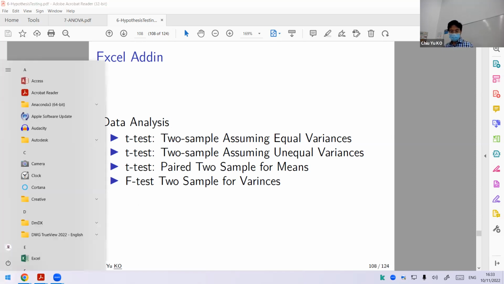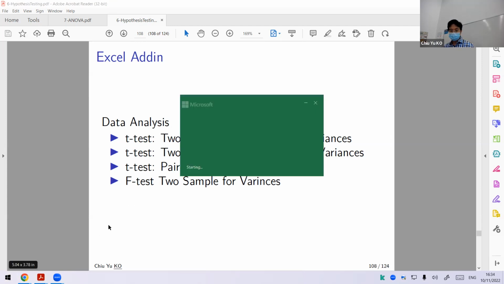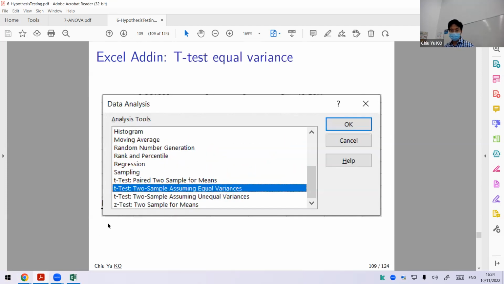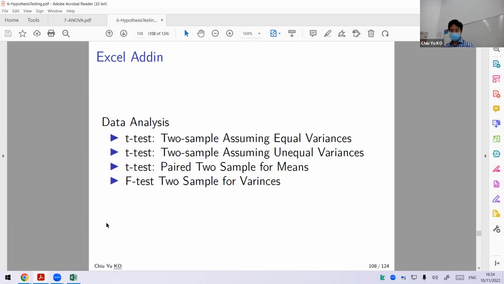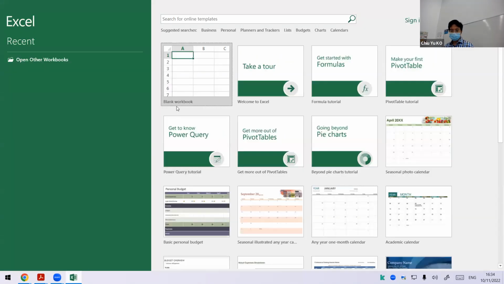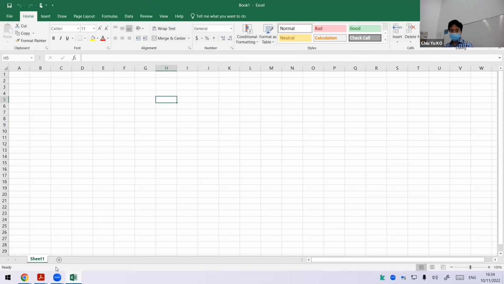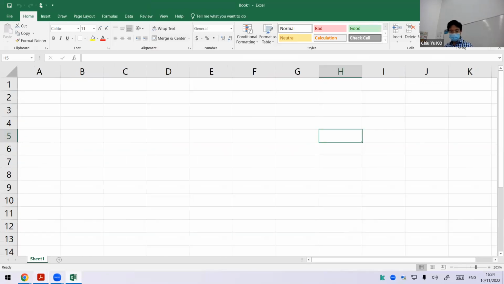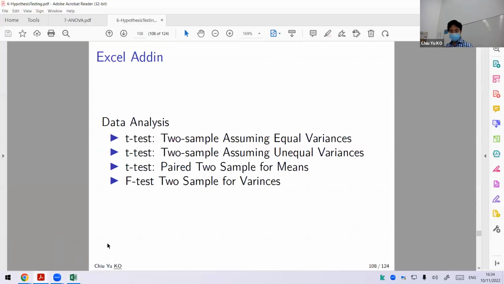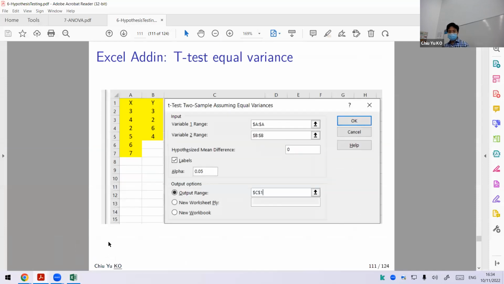Okay, so to get started, I open Excel. What we'll be doing is I'm trying to follow what has been done here. I try to have the data like this, and then I would do the test.